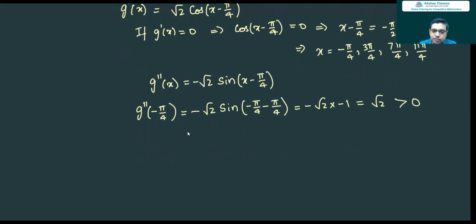Therefore x equal to minus pi by 4 is the point of minimum, because the second derivative is positive.